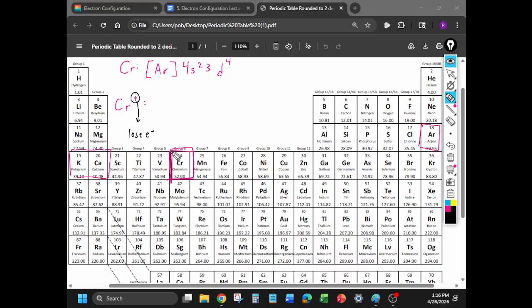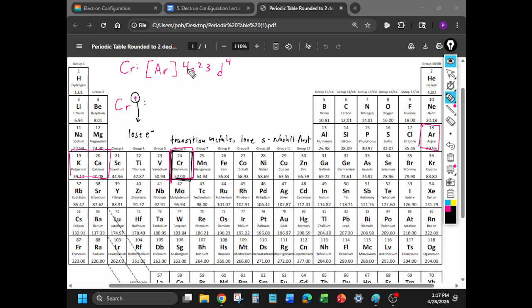When transition metals, the ones in the middle, lose an electron, and you might want to write this down, transition metals lose the S subshell first. So you're going to take away the electrons from the S subshell and then the D subshell if you have to. The reason why?